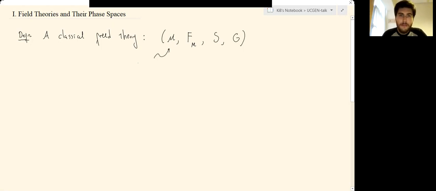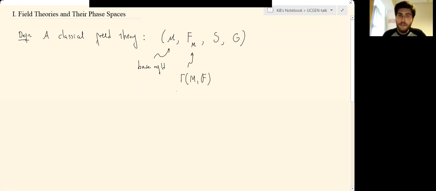So this M is your base manifold. This F_M is actually about a choice of a sheaf, more formally speaking. So you have a sheaf on M, and this F_M is the space of sections of that sheaf.